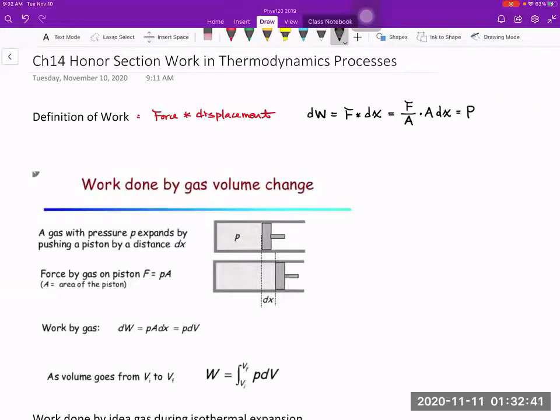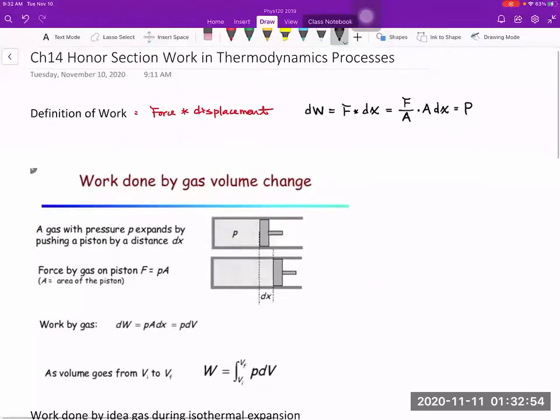An area times the depth simply represents the volume, and because you are looking at the change of distance, that is the change of the volume. So the work for a gas is simply equal to P times dV.